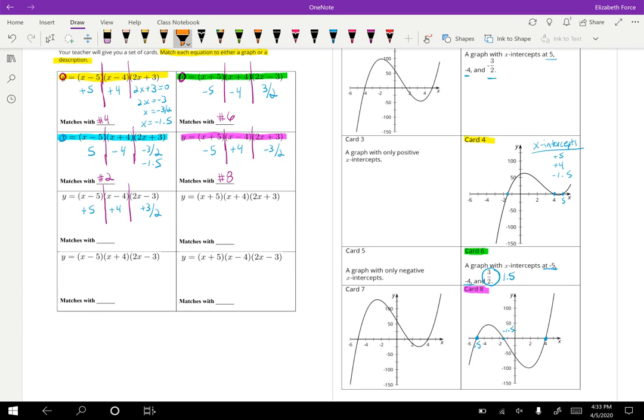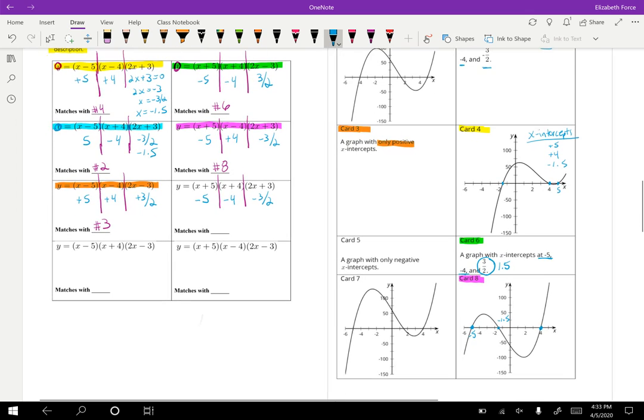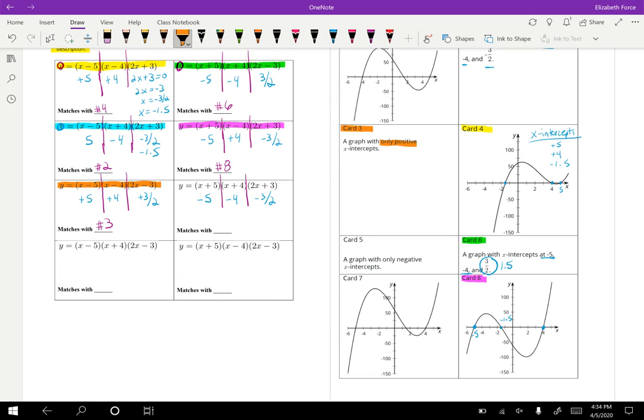Card number 3 is a polynomial with only positive x-intercepts, and that's going to go with this function. I can use that same logic with this next one. All 3 of my factors have plus signs in them, so that leads me to believe that I have all negative x-intercepts. One at negative 5, one at negative 4, minus the 3, divide by the 2, and that's going to match up with card number 5. Card number 5 has only negative x-intercepts.